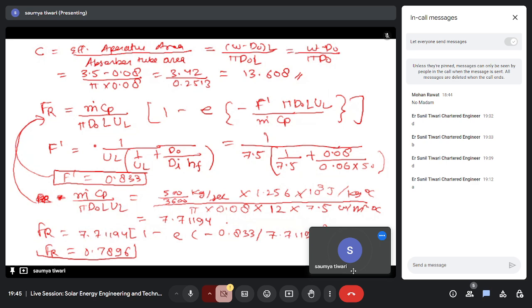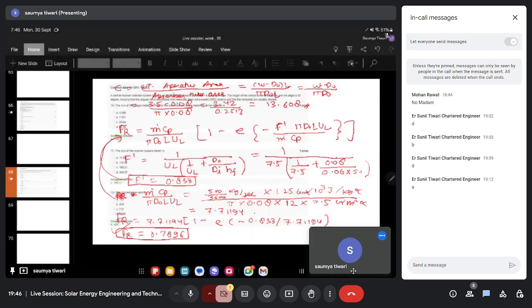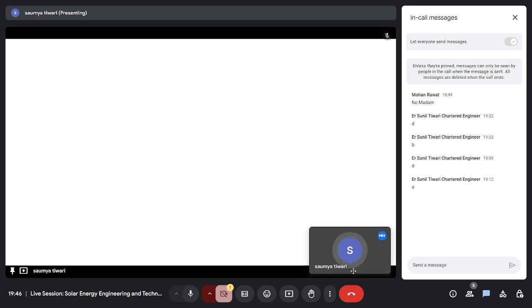Okay, so you know the value of FR, you know this concentration ratio. What you can calculate from here is Q useful. You already know the formula for Q useful in terms of FR and inlet fluid temperature, right?